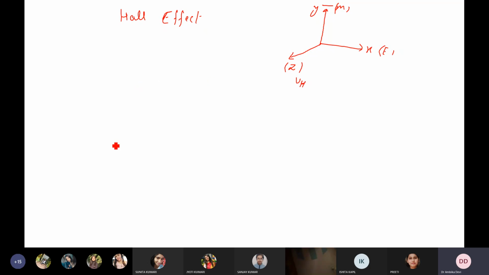Okay, so let us see what is the origin of this Hall voltage, right? How do the electric and magnetic fields both impact the charge carriers inside the metal so that the Hall voltage is produced.